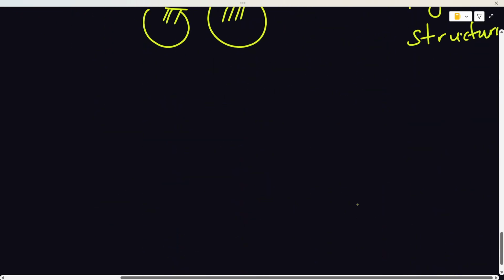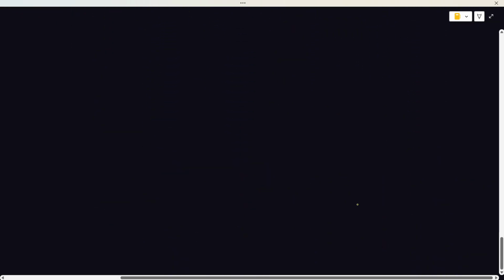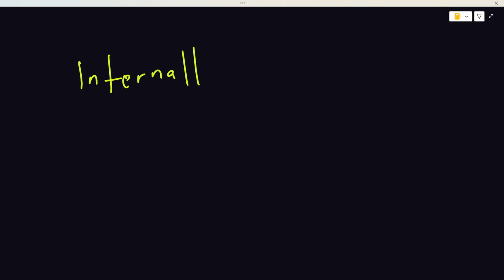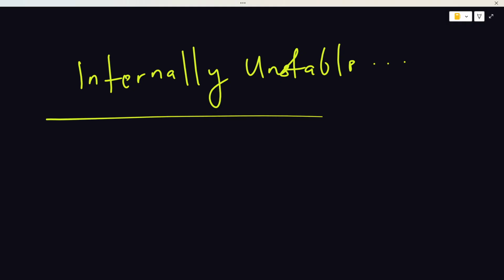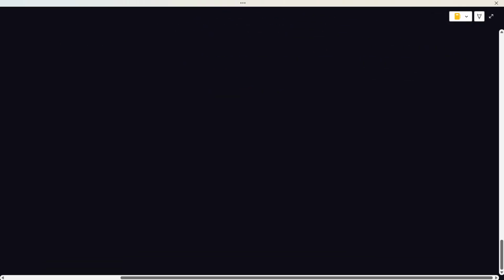On the other hand, there's something called an internally unstable structure. Let's think of something like this. I'm aware that we've heard about internal hinges.